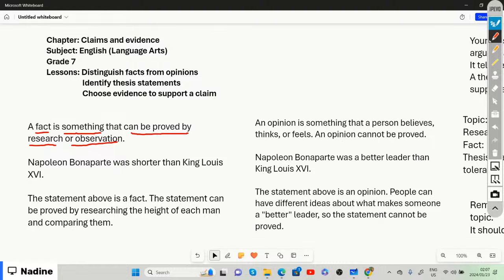For example, Napoleon Bonaparte was shorter than King Louis the 16th, right? Which means that this example, or the statement over there, is true, it is a fact. And it's a fact because the statement can be proved by research, by researching the height of each man and comparing them.